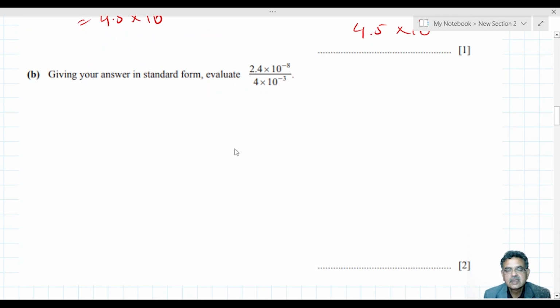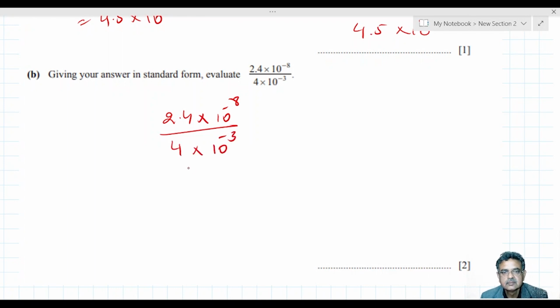Give your answer in standard form. This is the value, 2.4 into 10 power minus 8 divided by 4 into 10 power minus 3. Okay, this will be 24 over 4, you can write it. If the decimal is removed from the numerator, there will be 10 in the denominator and 10 power minus 3. And here it is 10 power minus 8.